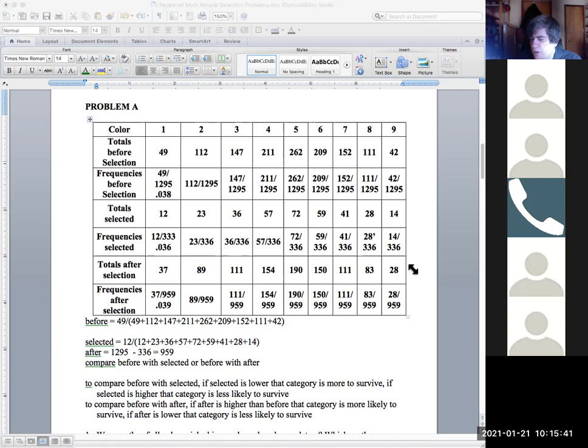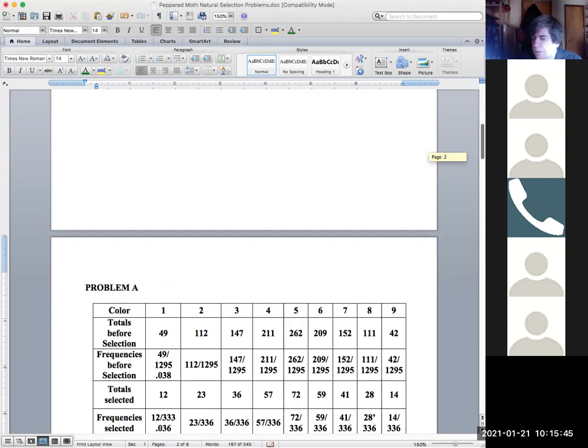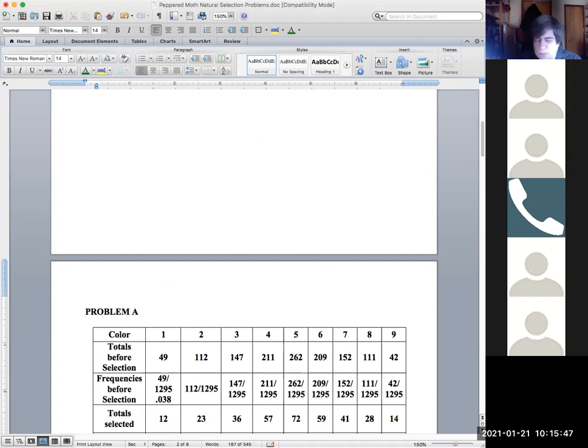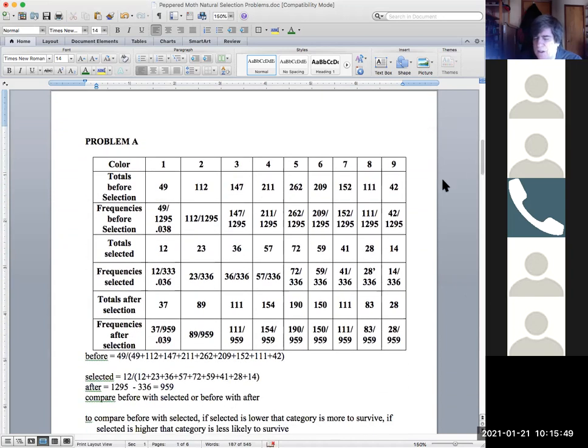So here's what I would like you to do for now, because we're going to look at these problems tomorrow. I would like you to finish calculating the frequencies for the other 8 colors.